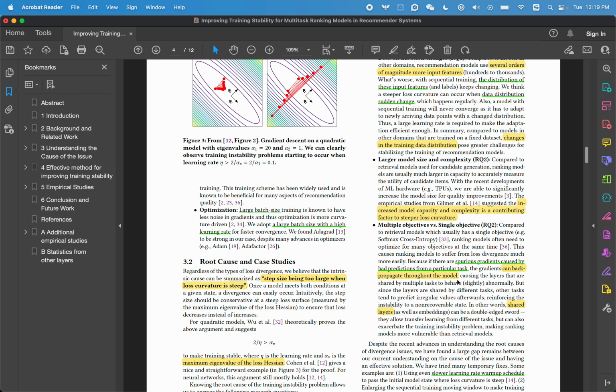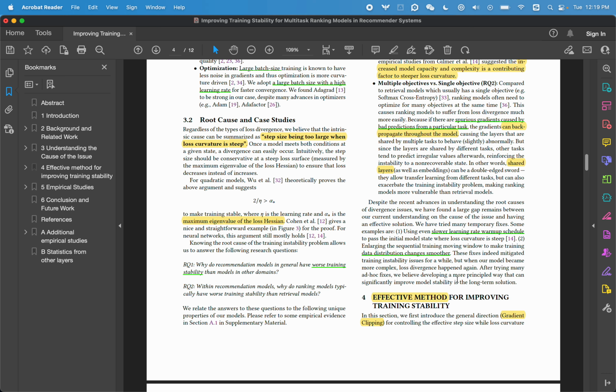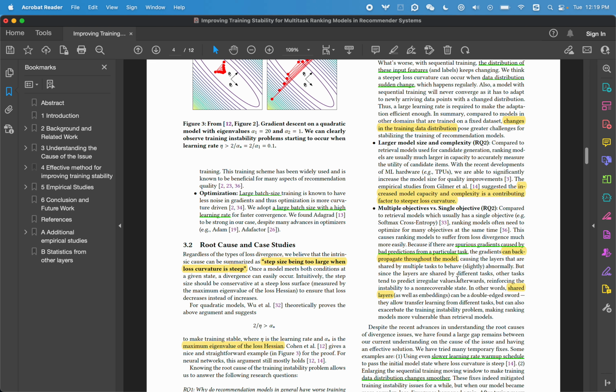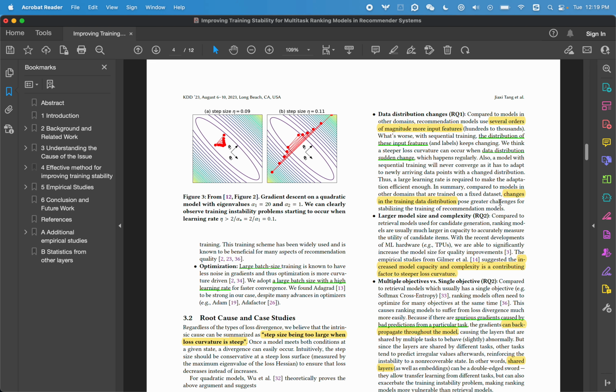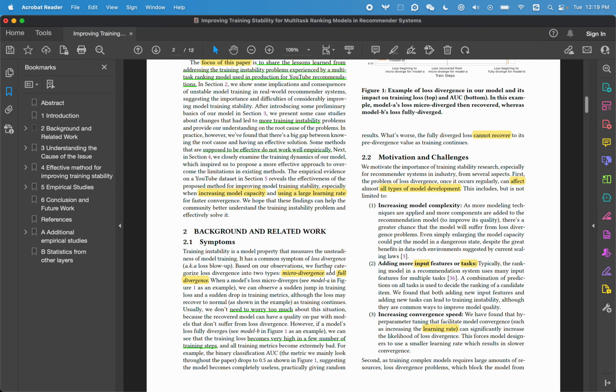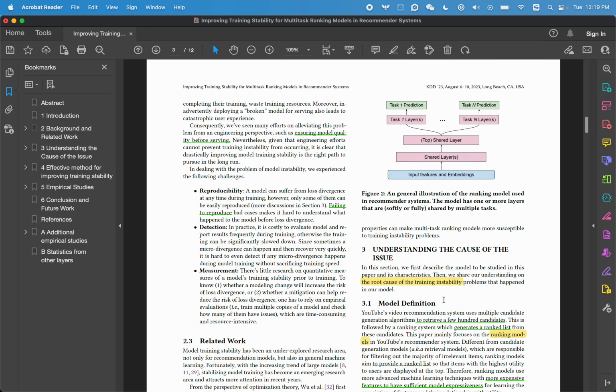The top shared layer, the last shared layer, might absorb quite a shock, which might lead to a loss divergence. These are the reasons behind the motivation. If you can solve the loss divergence, we can have all the nice features mentioned here, like more objectives or more complexity in the model.